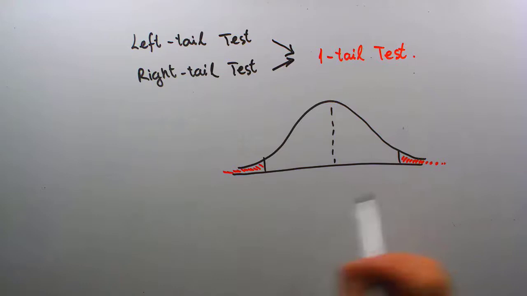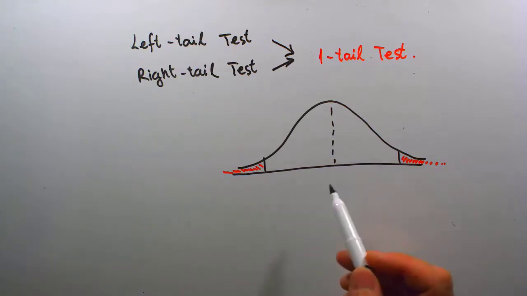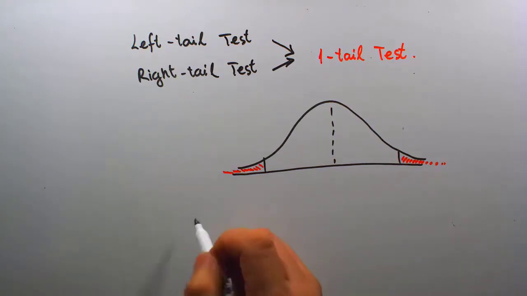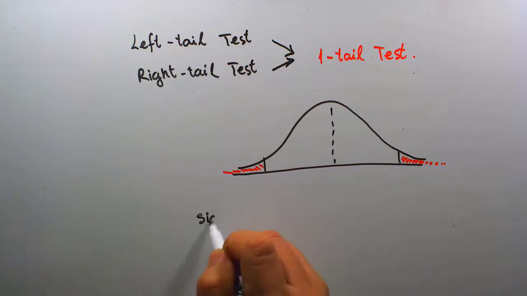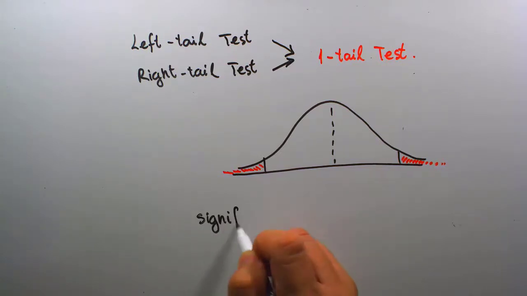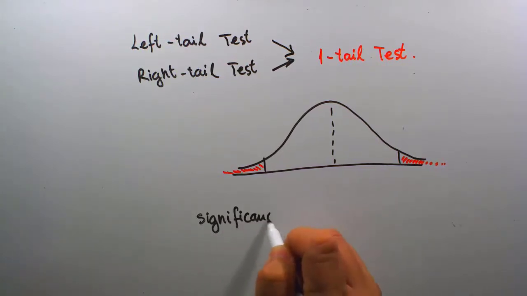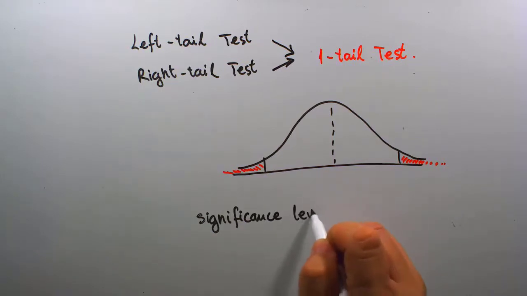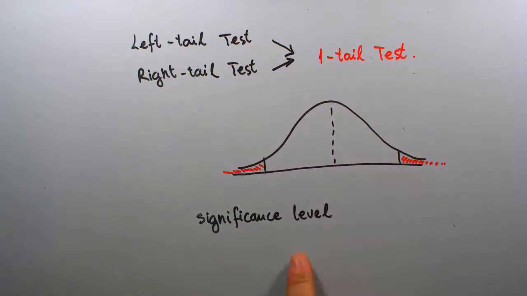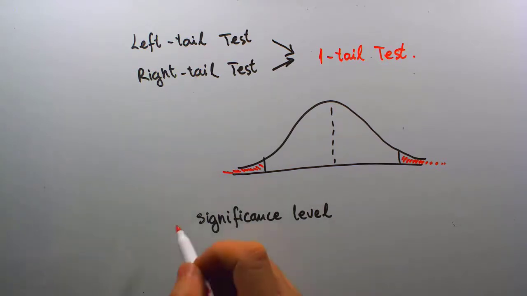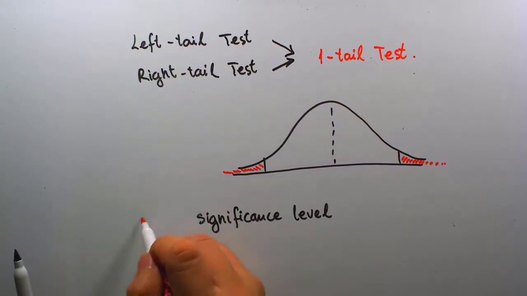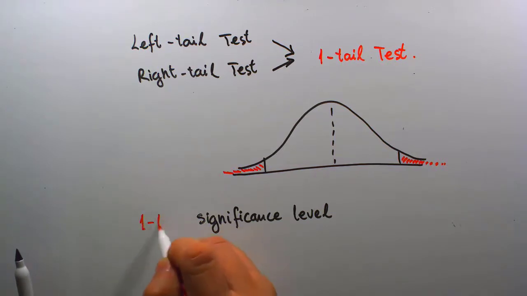And so in that way of my explanation, the significance level in any of our problems in examples 1, 2, and 3 is generally regarded as a one-tail significance level.